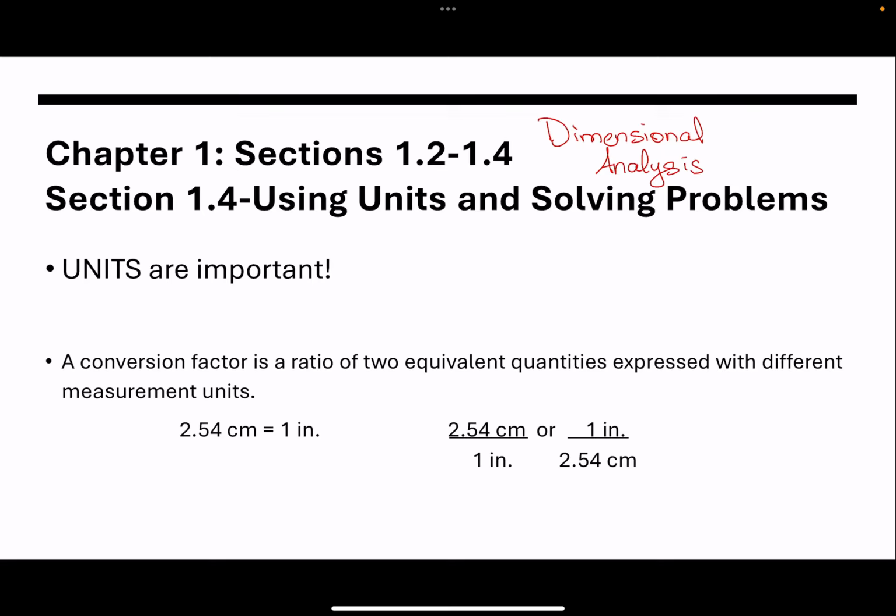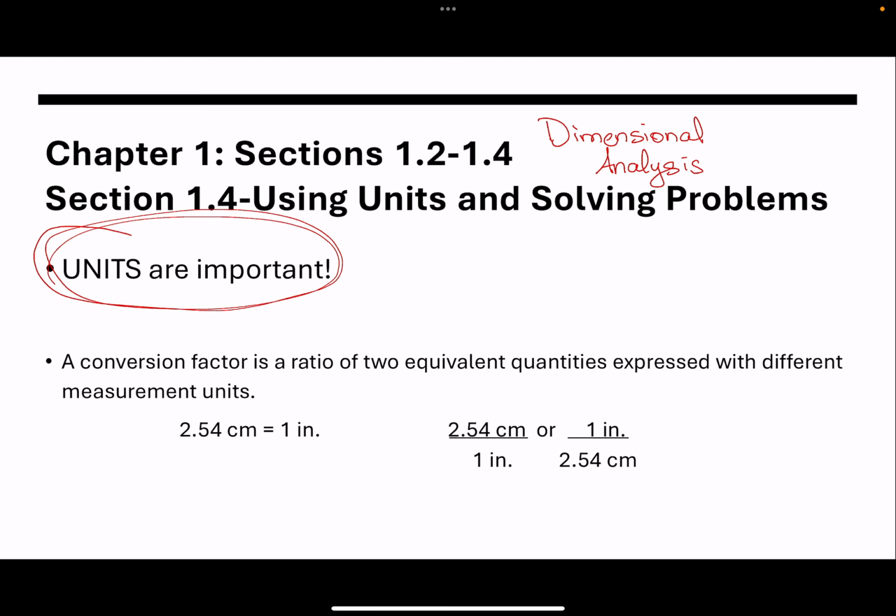One of the things that makes science problems a little different than math problems is that units are important. And I would say that units are even more important than the actual numbers.